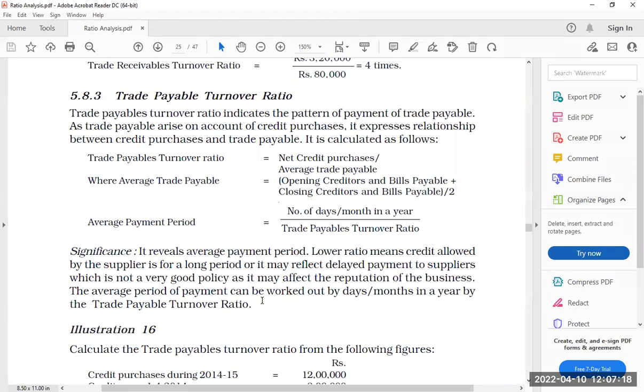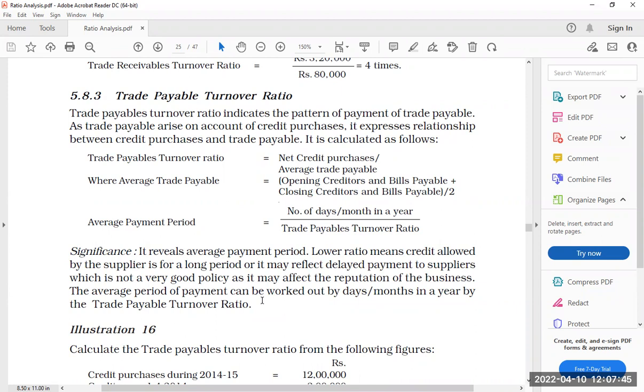Simple logic, mathematics. See, numerator and denominator are there. 5 by 2 is equal to 2.5. If I want to change that, 5 divided by 4 is going to be 1.25. Simple mathematics, but how is it possible in practice? What is that 5? Credit sales. What is that 4? Average trade receivables.